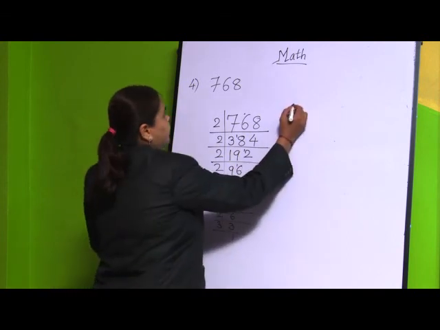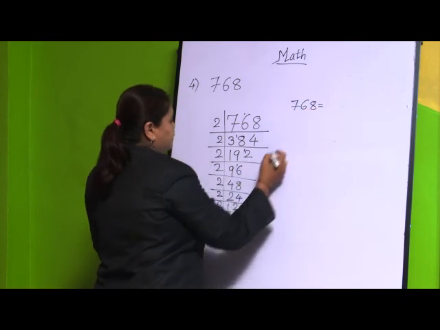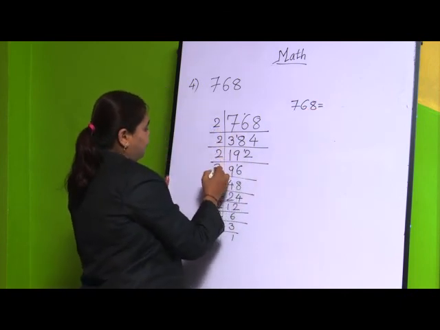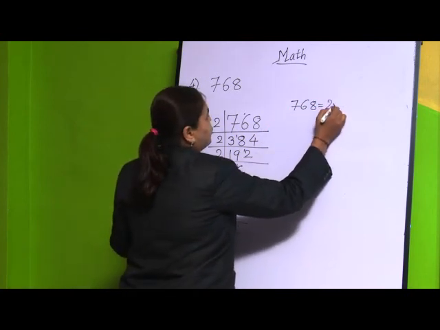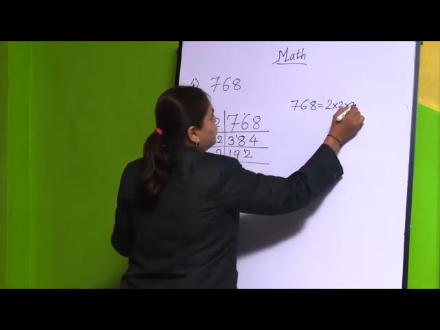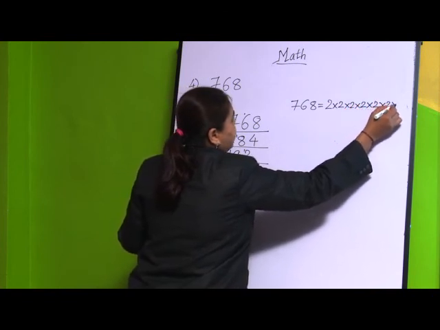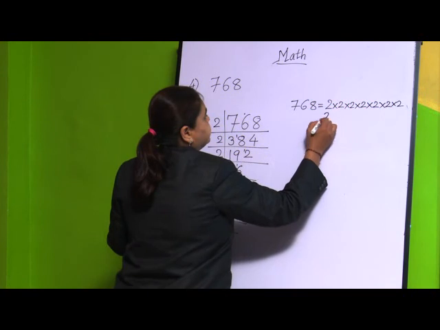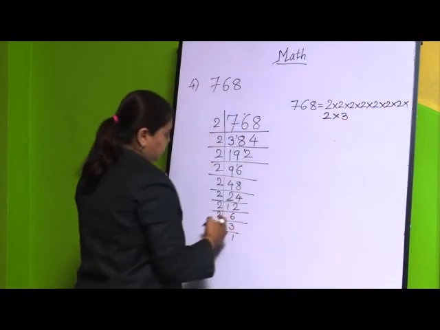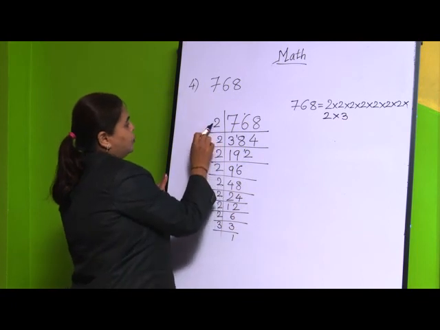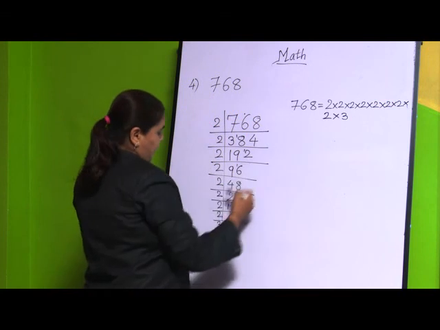So, what will be the factors of this? 768 is equal to 2 into 2 into 2 into 2, 8 times 2, and we are having a 3. Again we count, 1 2 3 4 5 6 7 8 times 2, and 3.